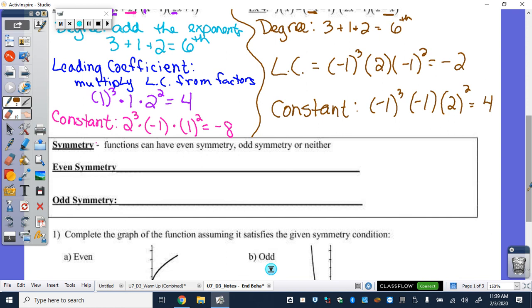Other thing, kind of refresher, symmetry. We've talked about symmetry in the past in our functions unit. So functions can have even symmetry, odd symmetry, or neither. So if it has even symmetry, what is that symmetric over? The y-axis.